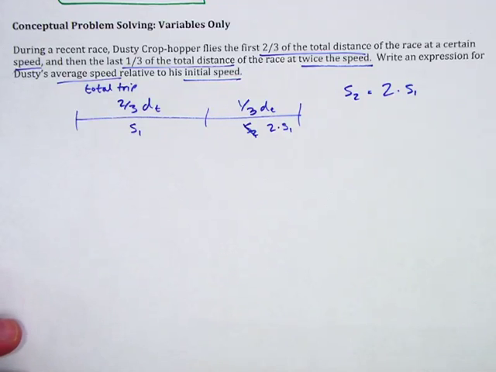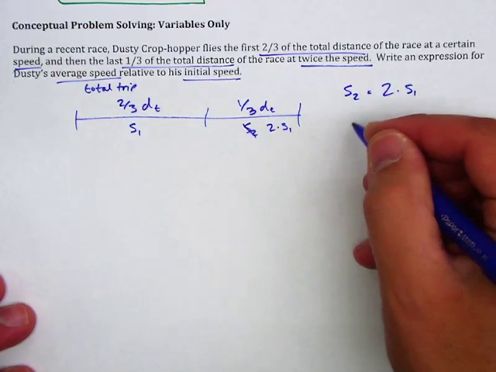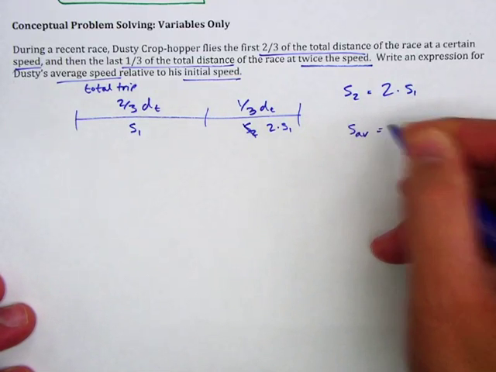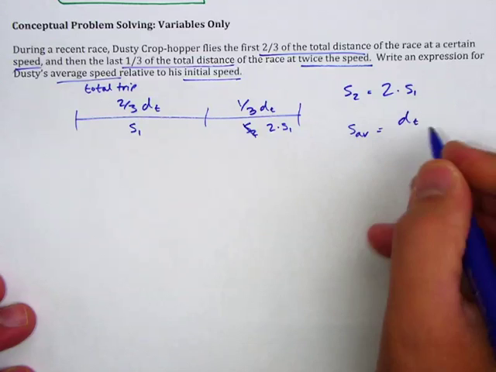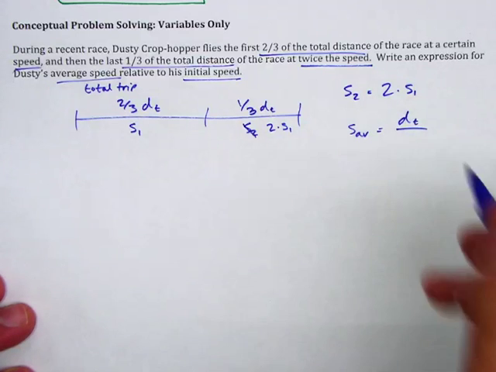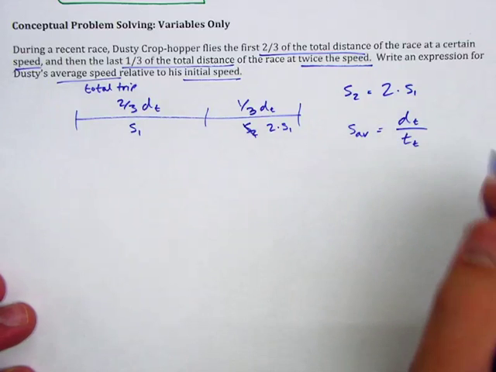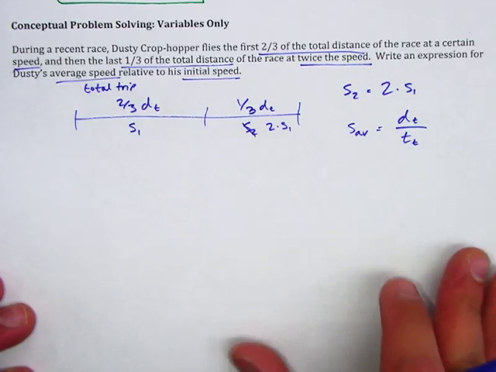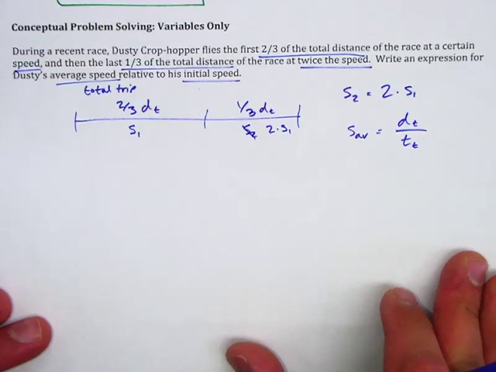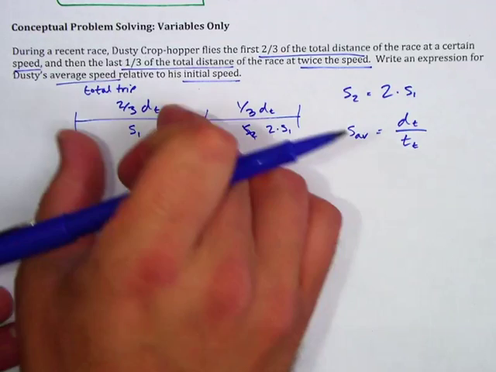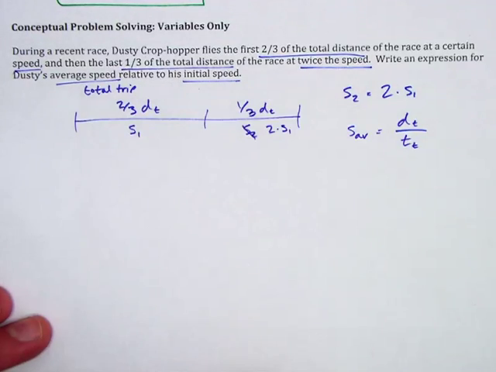But I want to find an expression for his average speed over the whole trip. Well, we know that average speed for a total trip is total distance over total time. And I'm not going to use my delta t, I'm just going to use time. We know that time or delta t both refer to the period over which it was operating at a certain speed.